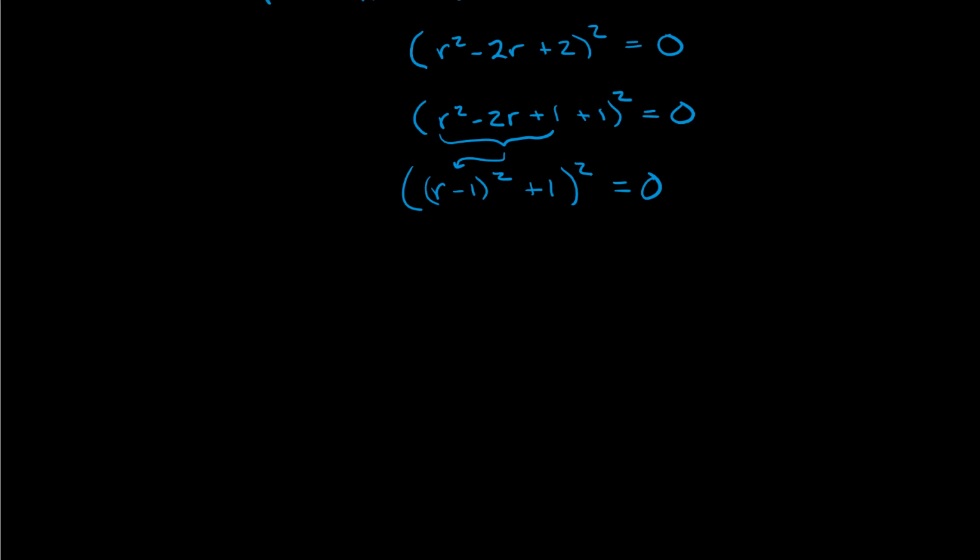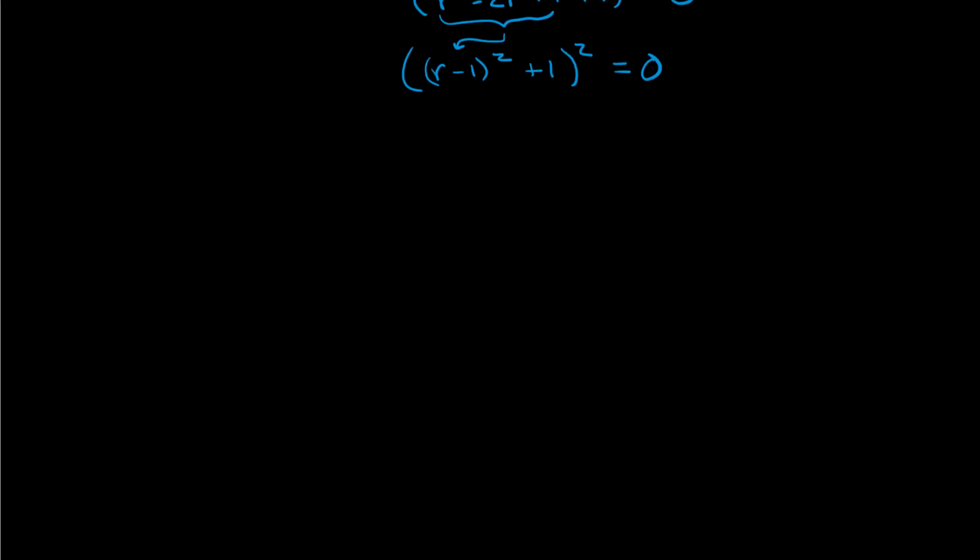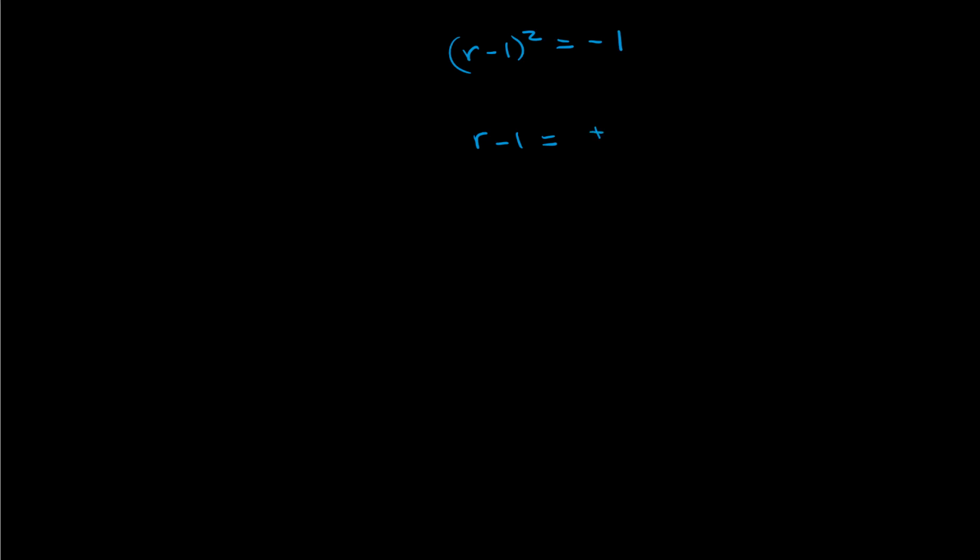Great. What's that do for us? Well, if I take the square root of both sides, I'm going to have r minus 1 squared plus 1 is 0, where (r minus 1) squared is a negative 1. Uh-oh. This is going to give us r minus 1 equals plus or minus the square root of negative 1, which is i.